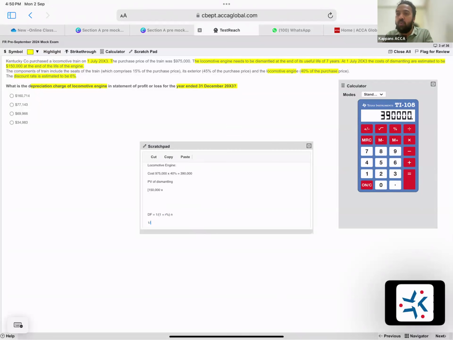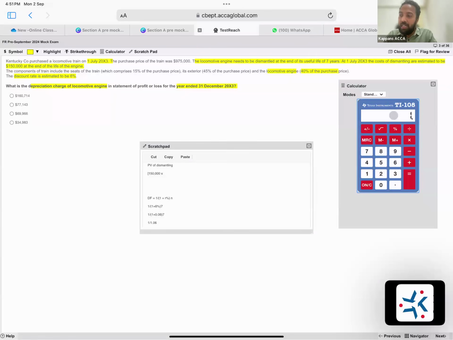So in this case, it is 1 divided by (1 plus R), where R is 6%, raised to N, that is basically raised to 7. That is 1 divided by 1 plus 6%, converting the 6% into decimals, 6 by 100, that is 1 plus 0.06 raised to 7. So it is basically 1 divided by 1.06 raised to 7 times. So how to find that figure?